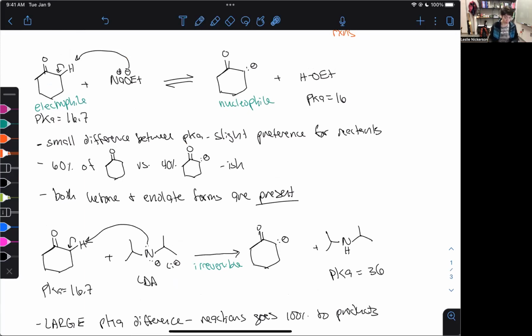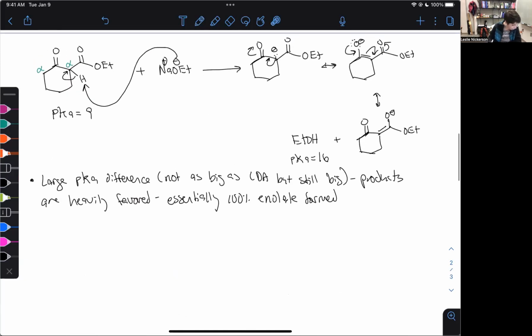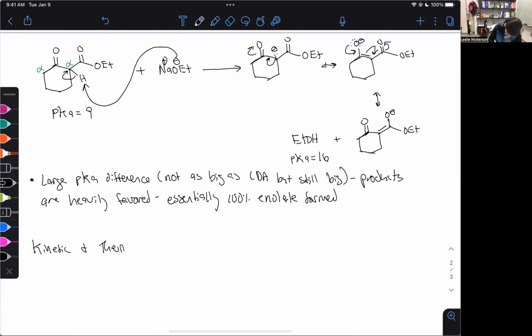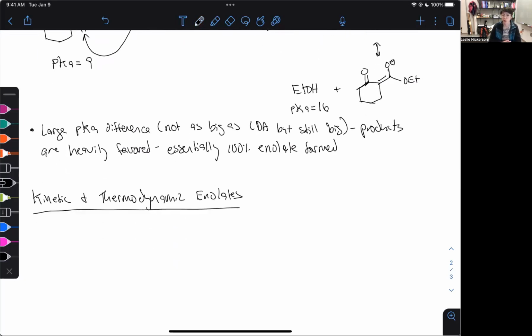So the last thing we need to talk about with enolates is kinetic and thermodynamic enolates. Okay, so far I've only talked about enolates where there's really only one option or symmetrical options between alpha protons.